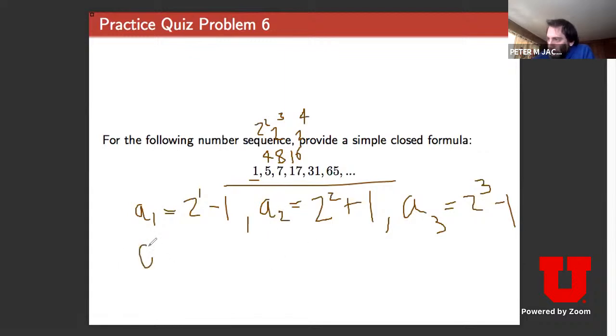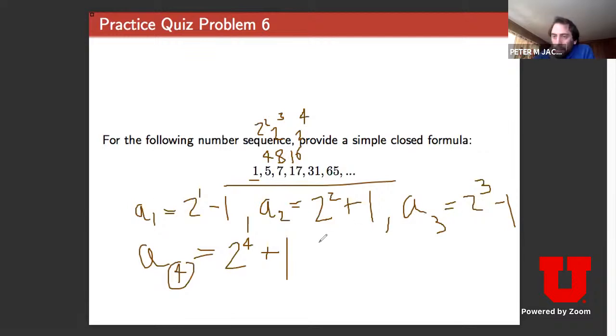So let's do one more, A4. A4 is 17, and that's 2 to the 4th plus 1. Again, we had an even number, which was 4, and we took 2 to the 4th and added 1. So when we have an even number, we add 1 to the power of 2, and when we have an odd number, we subtract 1 from the power of 2.